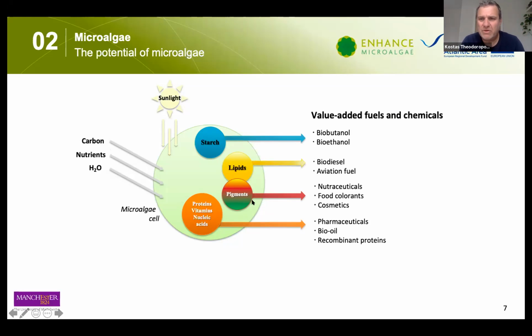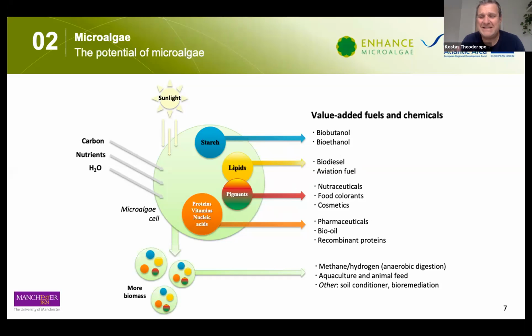So from those components, with the appropriate downstream processing, you can obtain a number of very important chemicals, biofuel, such as bioethanol, biobutanol, biodiesel, aviation fuel. And that comes from the starch and the lipids. From the pigments, you can get nutraceuticals, food colorants, and cosmetics. And from the proteins, vitamins, and nucleic acids, you can get a number of pharmaceuticals, bio-oil, and recombinant proteins.